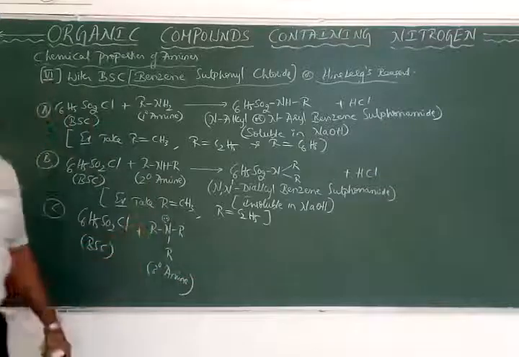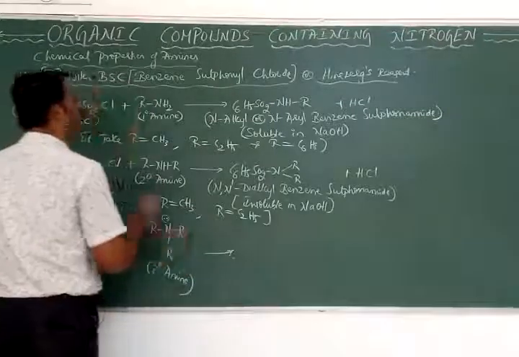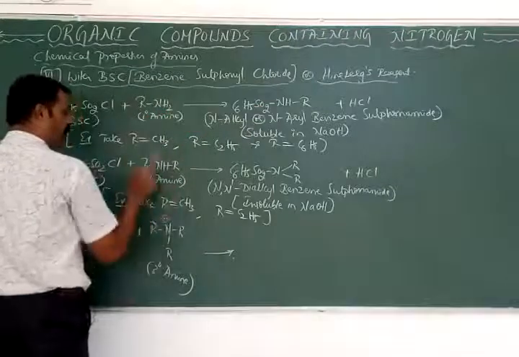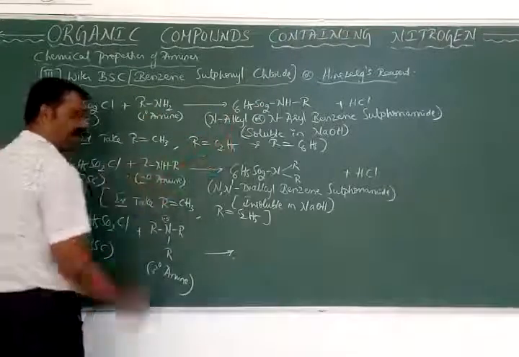Tertiary amines. What's the product here? Here there is H, here there is Cl, therefore that is removed in the form of HCl. Here there is H, here there is Cl, that is removed in the form of HCl.